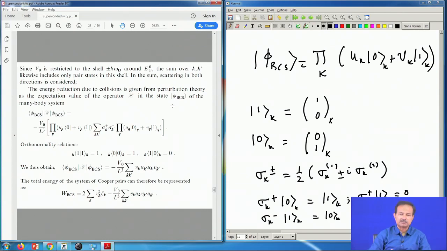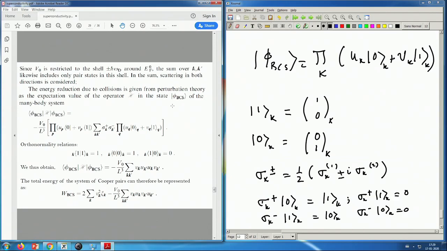Wherever k, k prime summations come in, we have to remember that the energies of the electrons that originally form the pair must be in that range. So, that is a restriction we have to keep in mind.